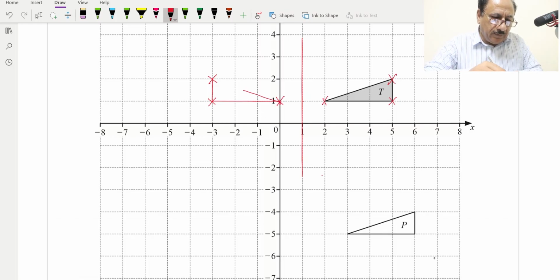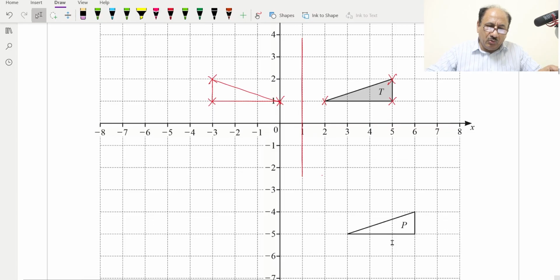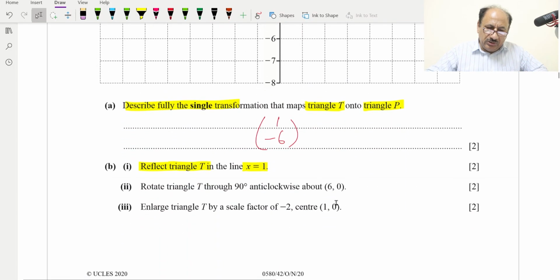Hopefully you are understanding each and everything, and this will be the translated triangle which we have shown over here. And so this part B1 is done.